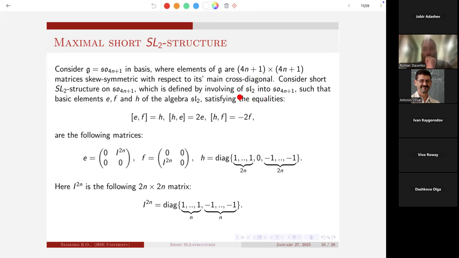We must involve the SL2 in the SO for 1 plus 1, and this involving gives us the next basis of SL2, the basis of three matrices E, F, and H, which you can see in the middle of the slide, and which satisfy the special equalities, as you can see here.